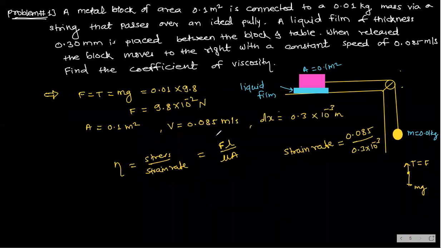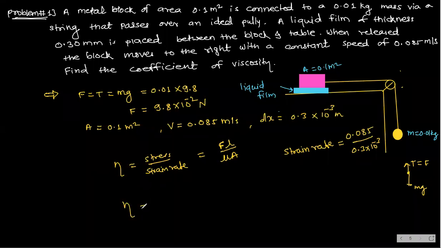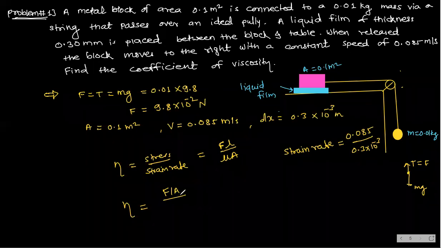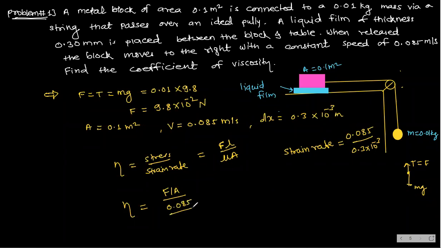Okay, and this F by A means this mu by L is this, whatever it is. So directly I am writing now this F by A divided by this strain rate. Yes, no? Strain rate is how much? This whatever we got. So 0.085 divided by 0.3 into 10 to the power minus 3.